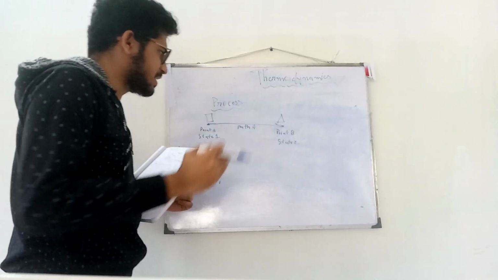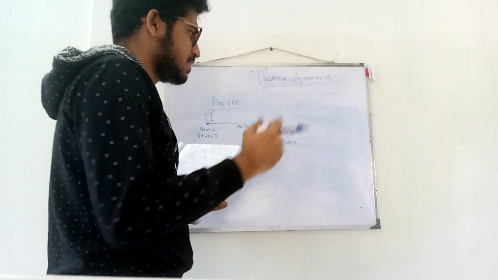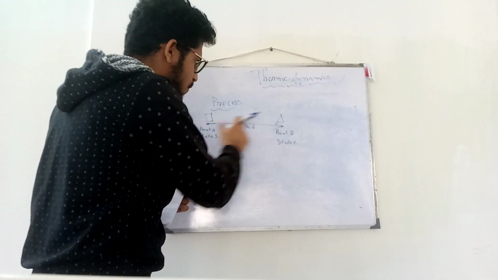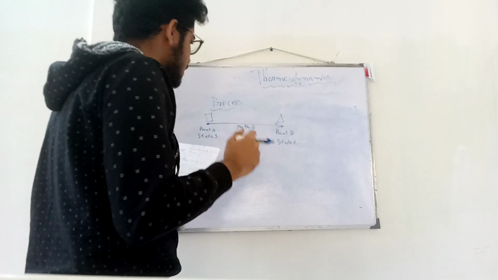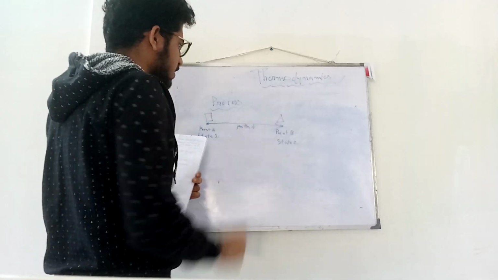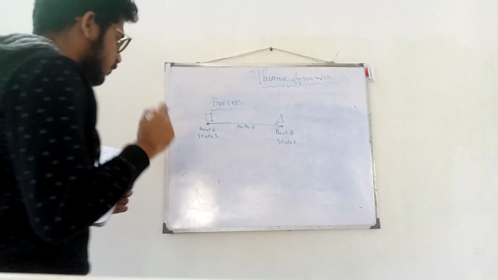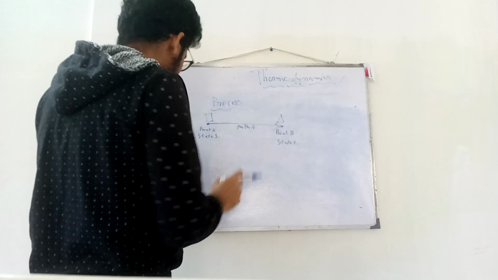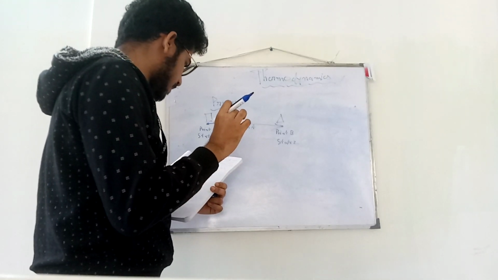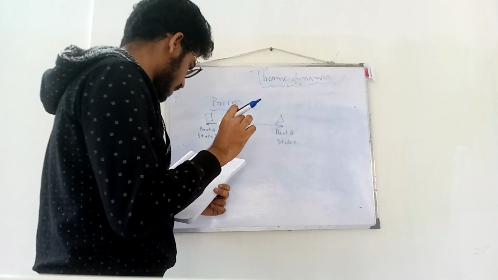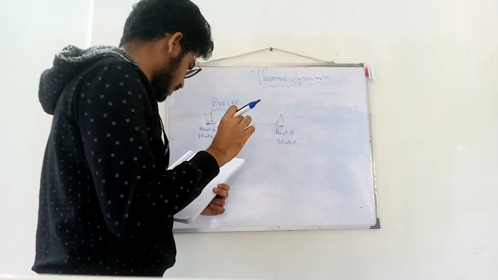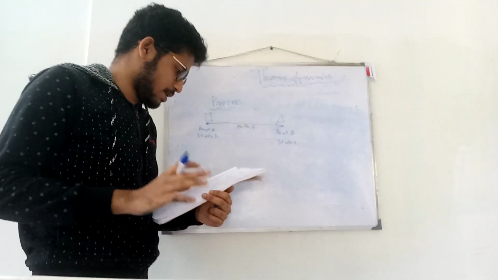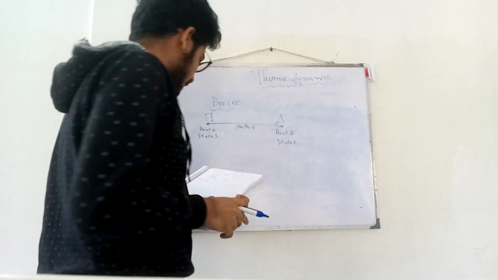So there is something changing in this path. The change from square to triangle is called a process, from point A to point B.